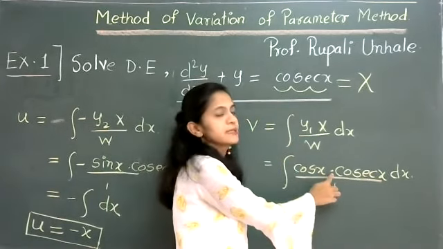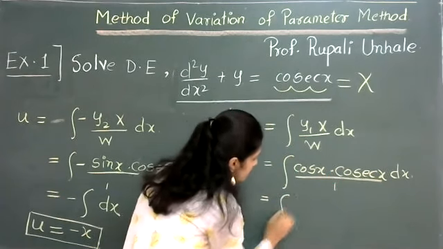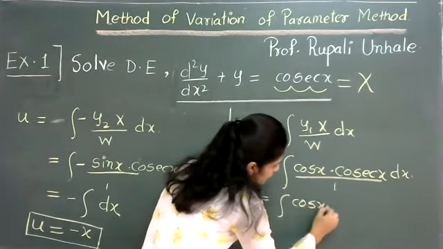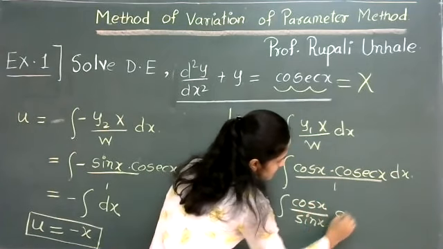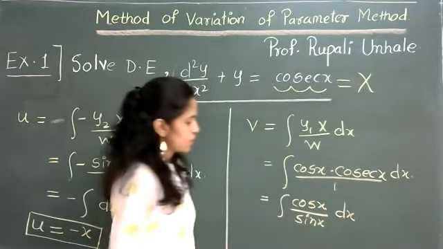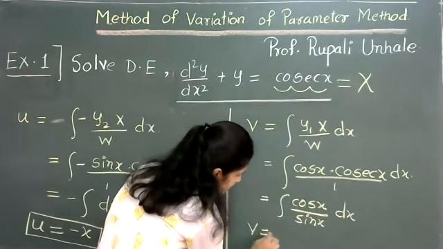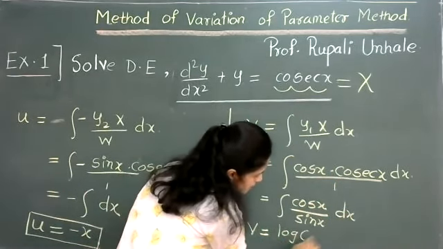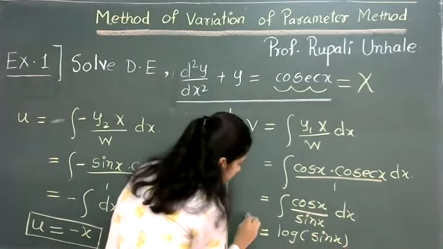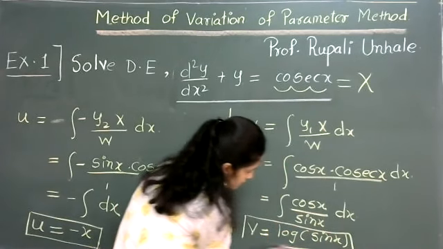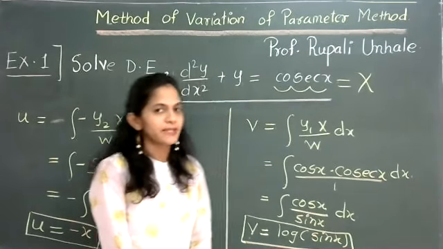Again we substitute the value of cosec as 1 upon sine. So we are getting cos x upon sin x dx. The integration of cos x upon sin x is nothing but log of sin x, since the numerator is the derivative of the denominator. So we are getting v as log of sin x.